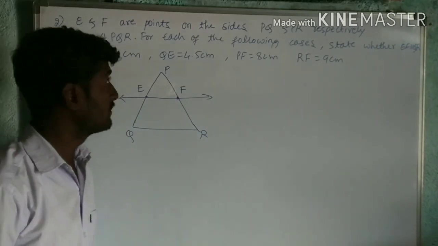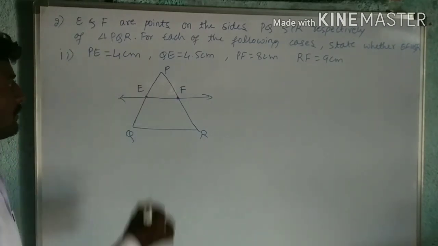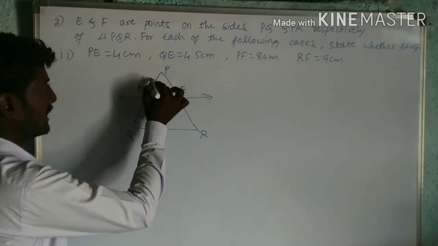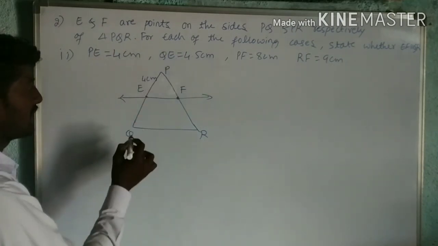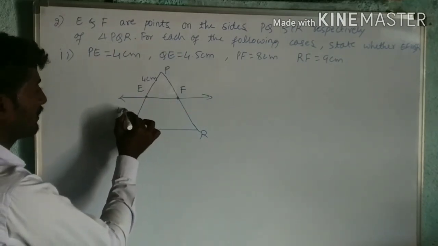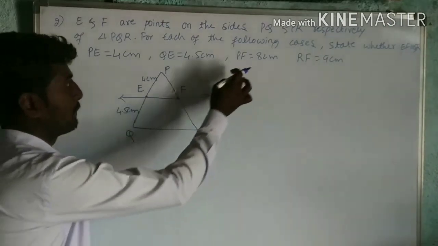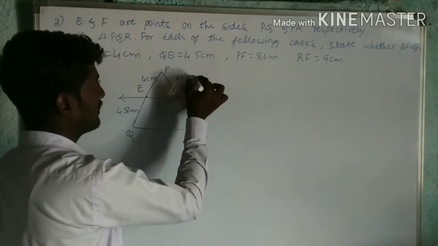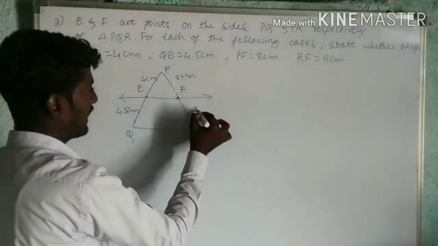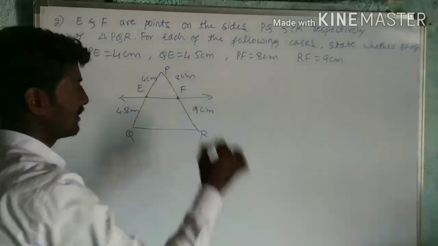PE is 4 centimeter. QE is 4.5 centimeter. PF is 8 centimeter. RF is 9 centimeter.